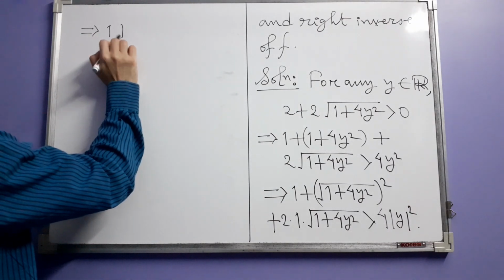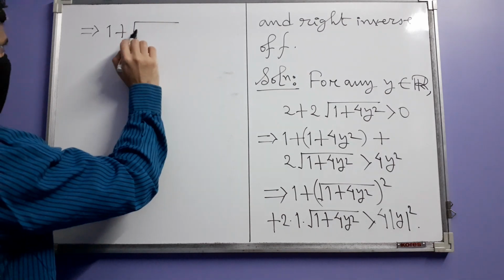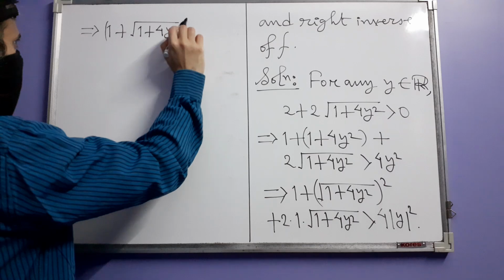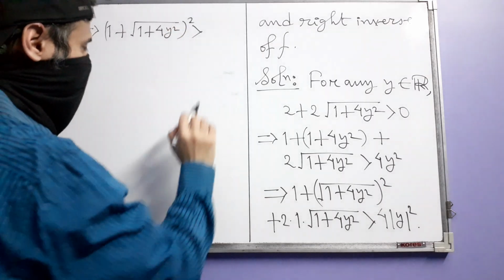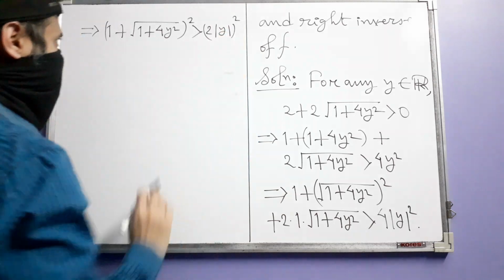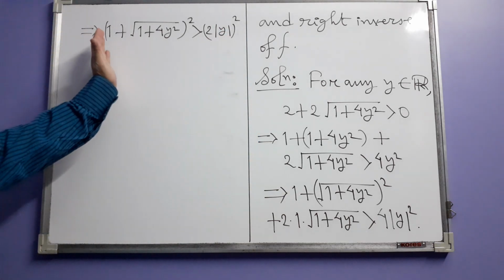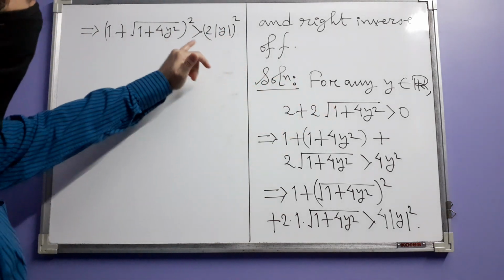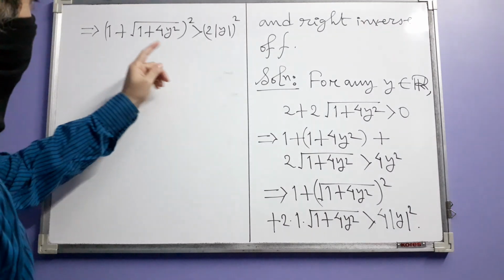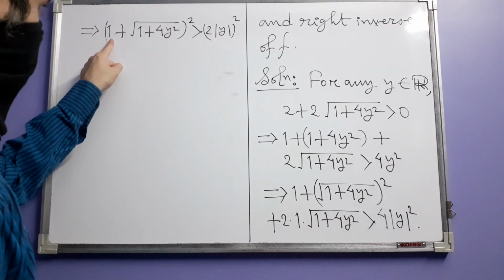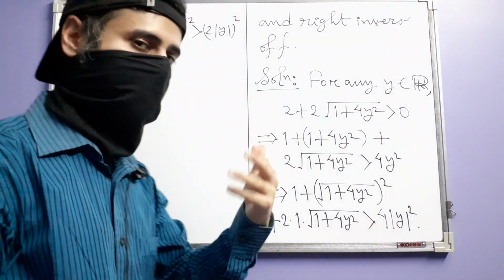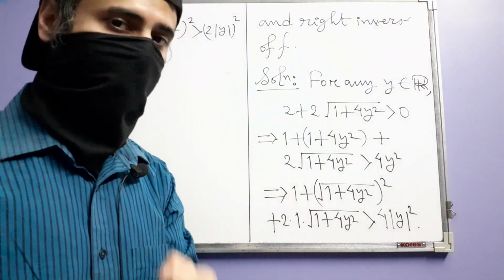It is 1 plus square root of 1 plus 4y square whole square greater than this. Now we can take square root on both sides and the inequality will remain so, because the real numbers under the square, I mean the real numbers which you are squaring themselves are non-negative.